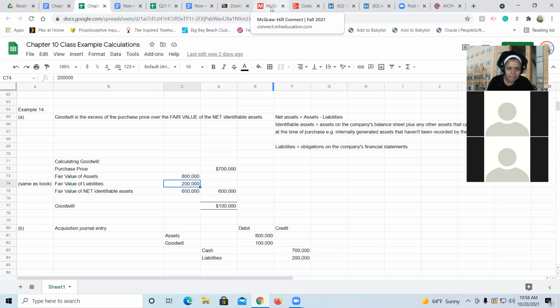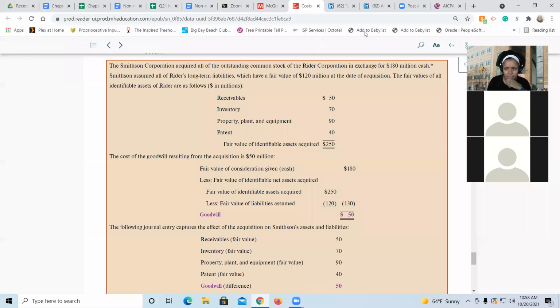I thought it might be helpful to reinforce how these goodwill questions could show up by going through an example in the textbook. This looks much more intense than it actually is, so don't worry.